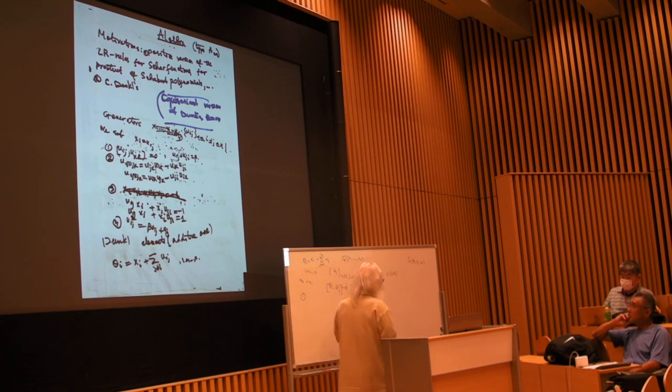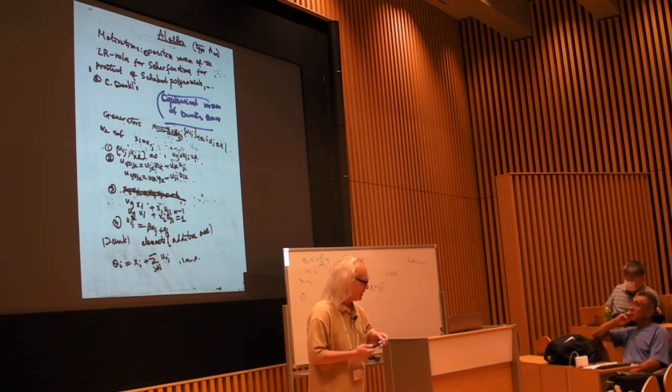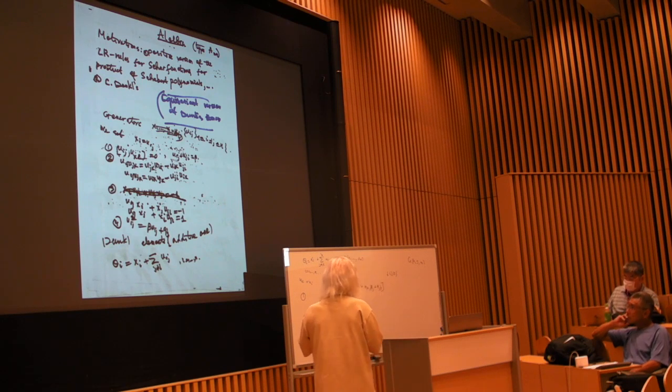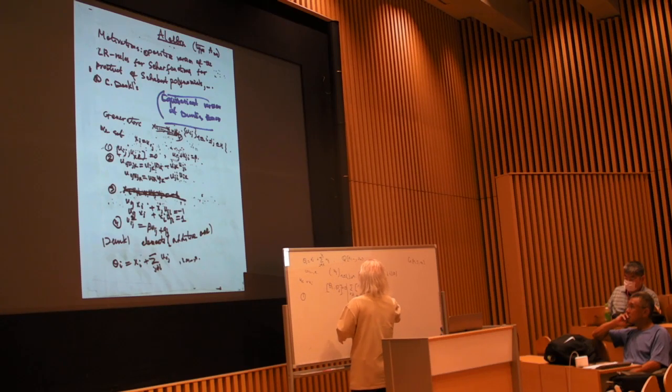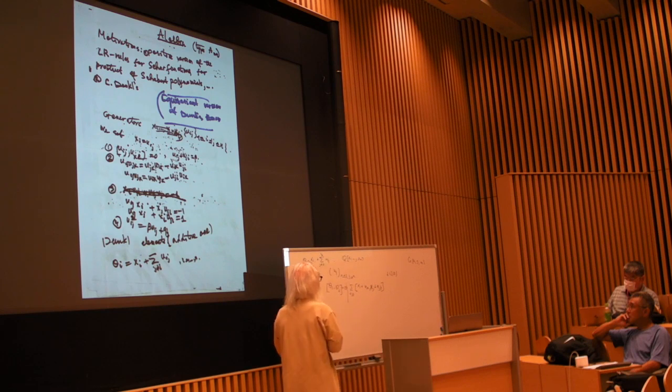Yes, and factorizability means that I assume that the classical dynamical Yang-Baxter equation really is a sum of two so-called associative Yang-Baxter equations. Okay, and for simplicity I skip it. So what is factorizability?